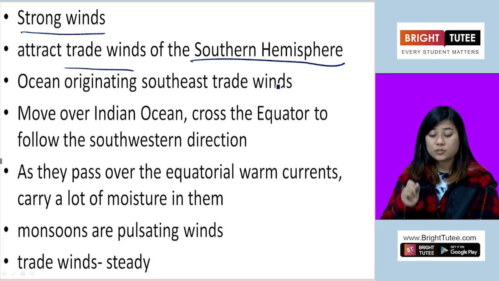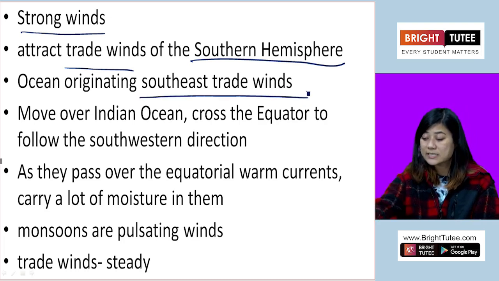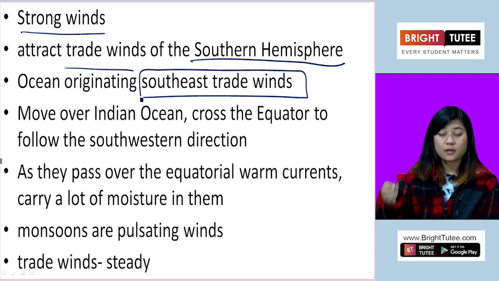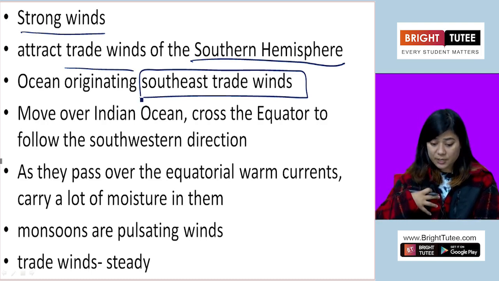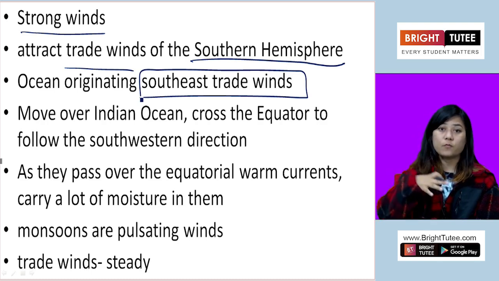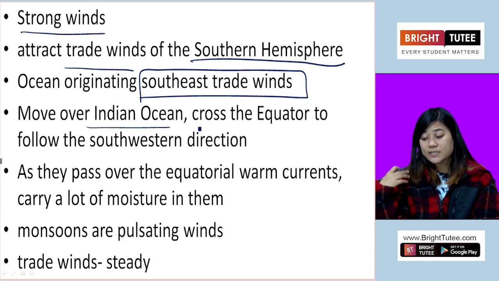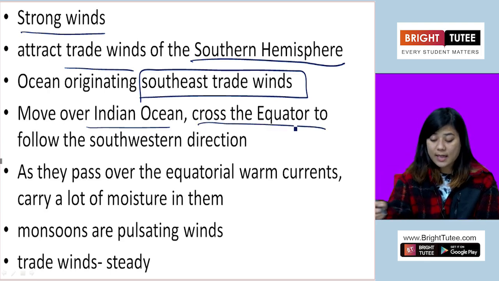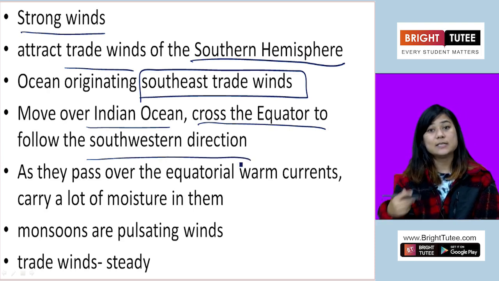The trade wind originates in the southern hemisphere, and this is called the southeast trade winds. Now these trade winds blow over the Indian Ocean, cross the equator, and then follow the southwestern direction.